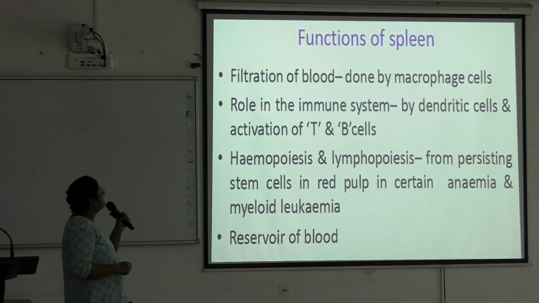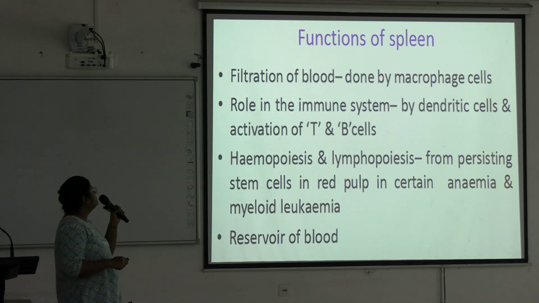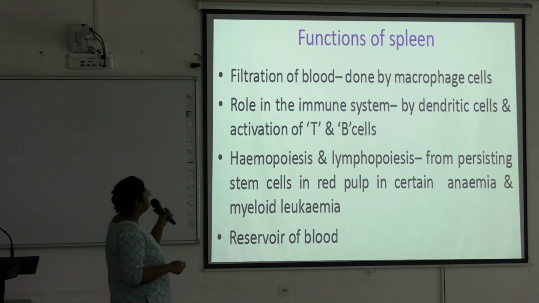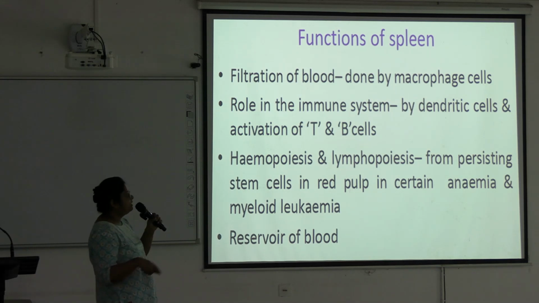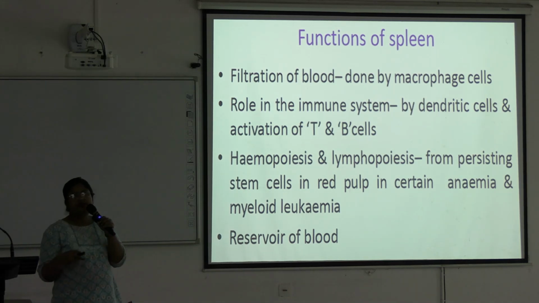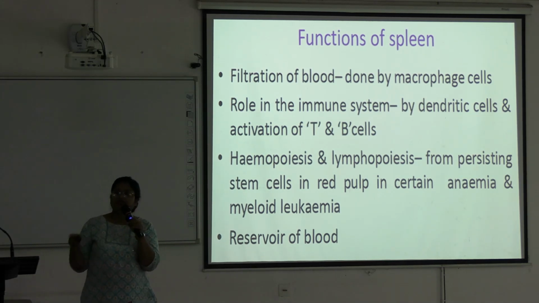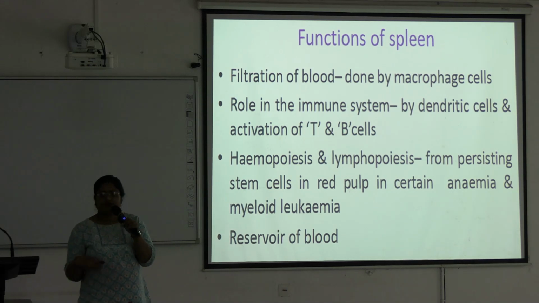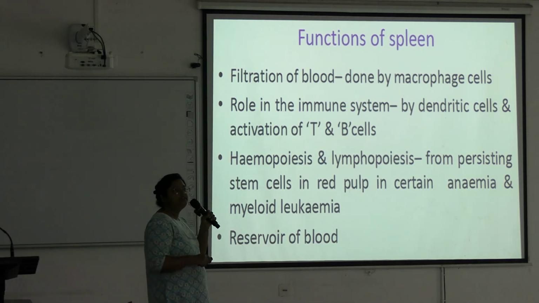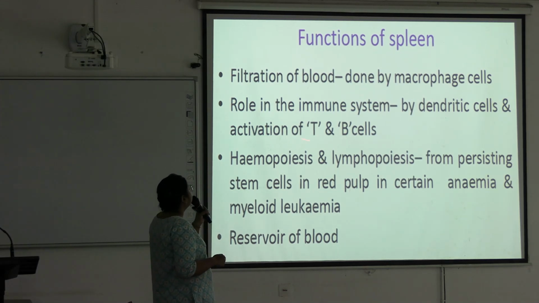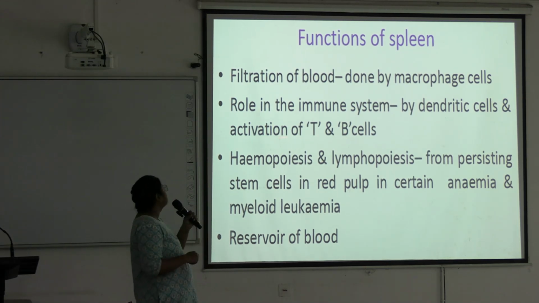So these are the functions of the spleen. Filtration of blood is done by macrophage cells in the spleen. Okay, they are lying within the reticular network and also around the white pulp, peripheral zone. They have a role in the immune system through the dendritic cells and activation of T and B cells.